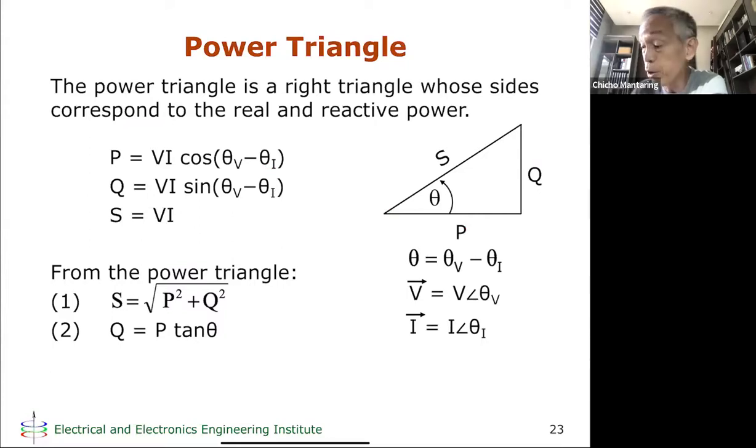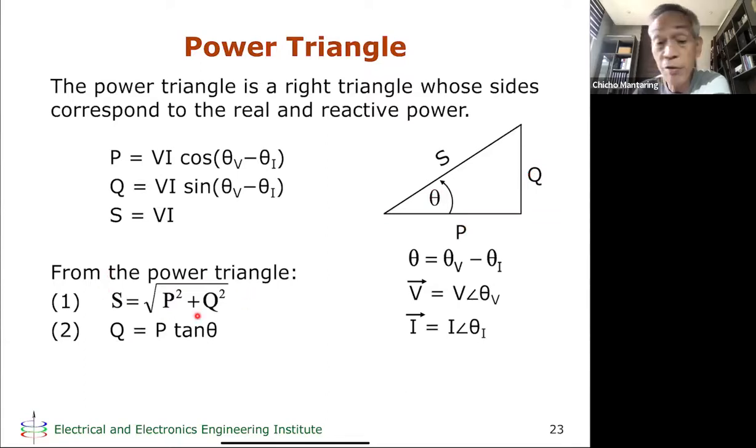That's the definition of the cosine function. Because S cosine theta is equal to P. So P over S is cosine theta V minus theta I. And Q over S is sine theta V minus theta I. No? And S, in this particular case, is just the square root of P squared plus Q squared. No? So that's shown here.